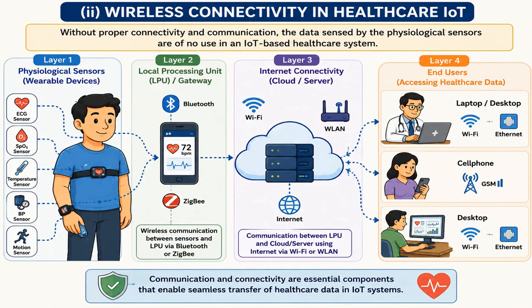You have GSM, 4G, and 5G, which enable this access. So wireless connectivity is a vital component of healthcare IoT because it ensures seamless real-time transmission of the patient's data, enabling continuous monitoring, faster medical decisions, and improved healthcare services.